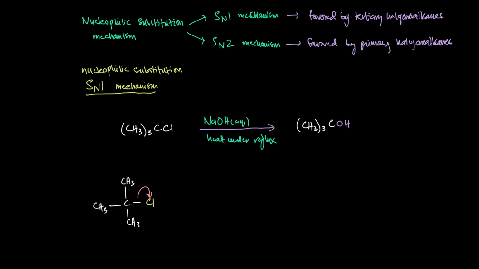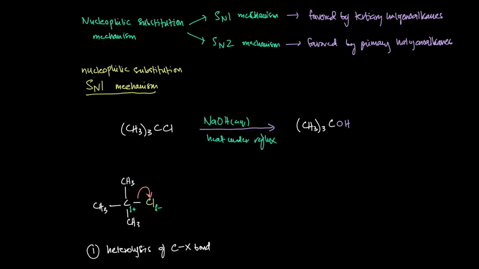You have a delta positive carbon and a delta negative chlorine. So the first step is heterolysis, or heterolytic fission, of the C-X bond. X here represents a halogen.